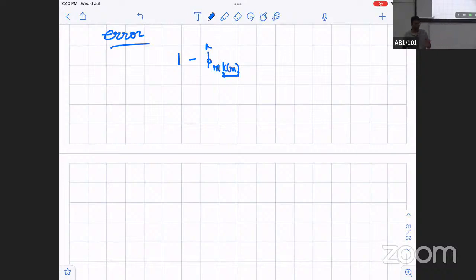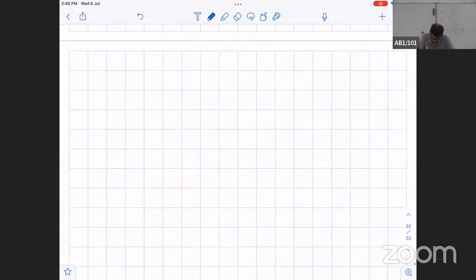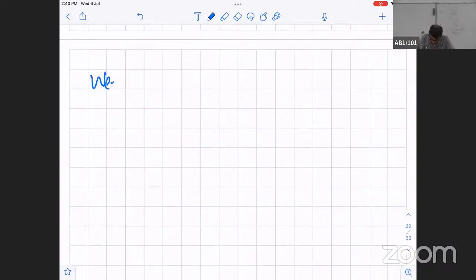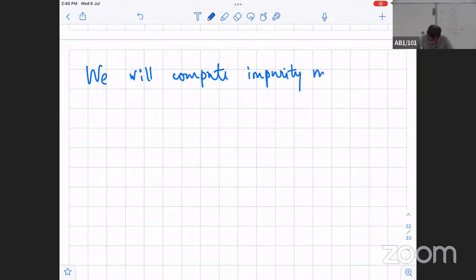Now we will compute what is called an impurity measure. There we were trying to minimize the loss; here we will minimize the impurity measure. Whichever has the least impurity, we will go with that split.